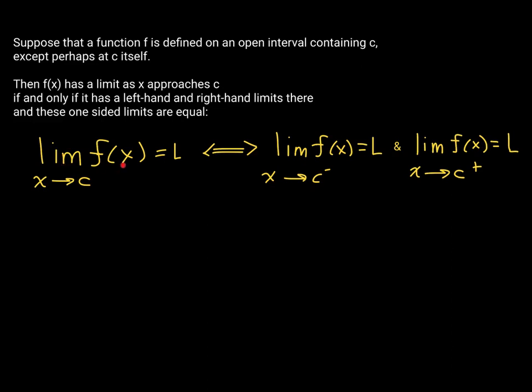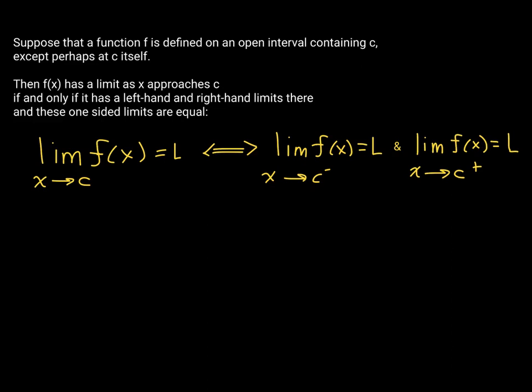So the limit of f(x) is equal to L as x approaches c. This is a two-sided limit. Right here, when we say as x approaches c, we mean as x approaches c from the left and from the right. If and only if, this is the symbol for if and only if, these one-sided limits are both L. Now, if and only if means that this statement works in both directions.